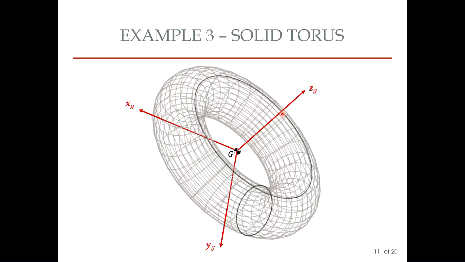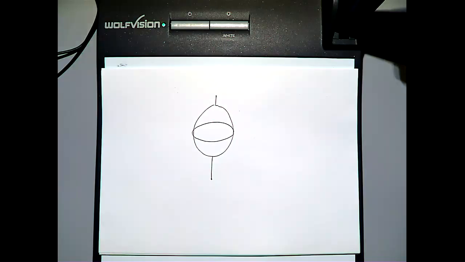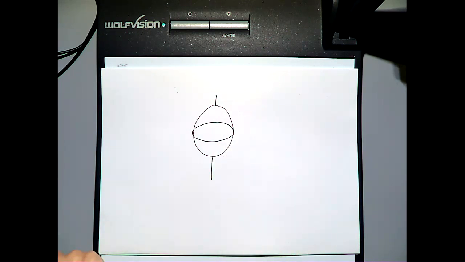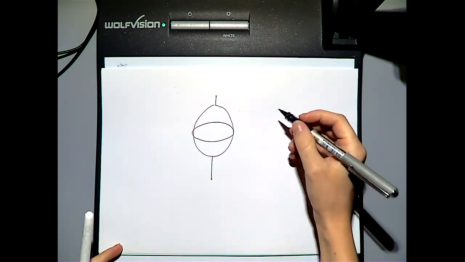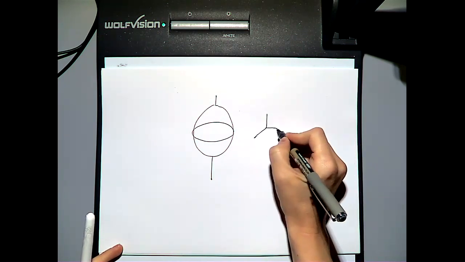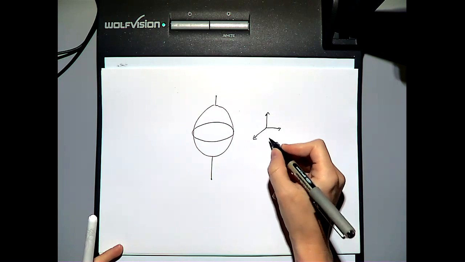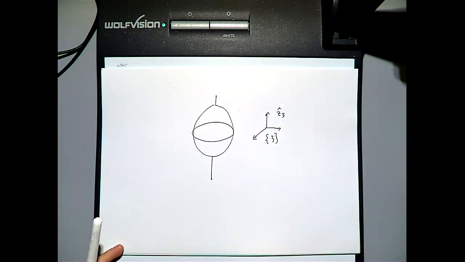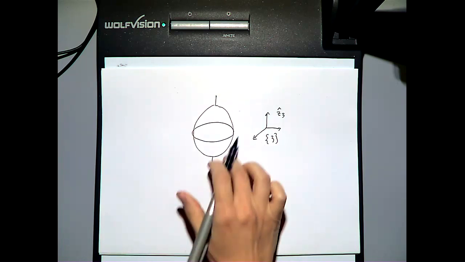So if you're, say, working in frame 3, okay. So if this is the frame of the gyroscope and you have frame 3 attached to it, so let's say 3, and this is Z3, okay, attached to this one.